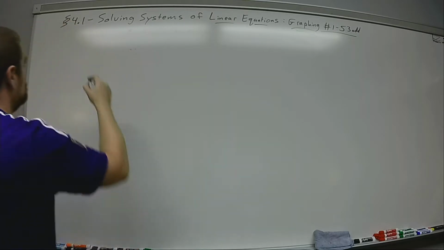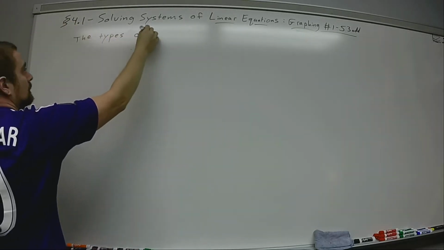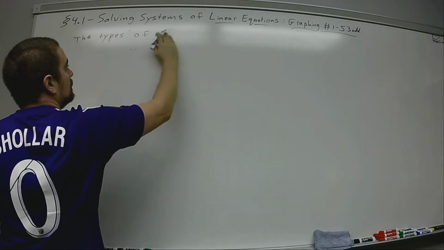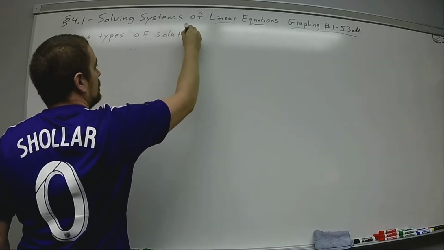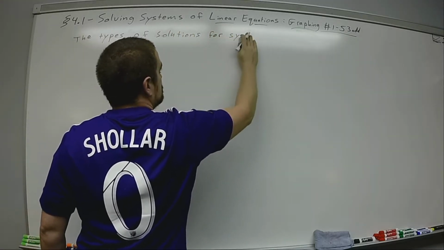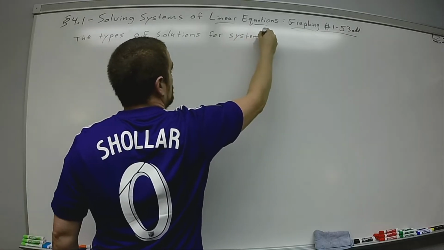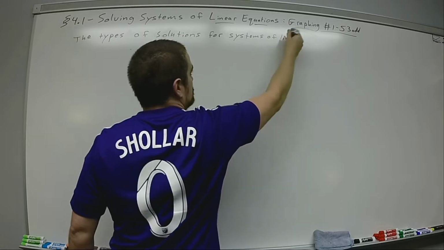So here are the types of solutions that we might see for systems of linear equations. And again, we're just sticking to 2-by-2.